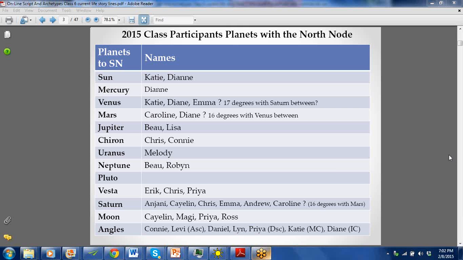So it's giving a brushstroke flavor to the intent. So whatever planet happens to be near the North Node is giving that additional clue as to what your purpose is. If you have Mercury on the North Node, well then, yeah, there's an emphasis on the version of mind that you came in to use.